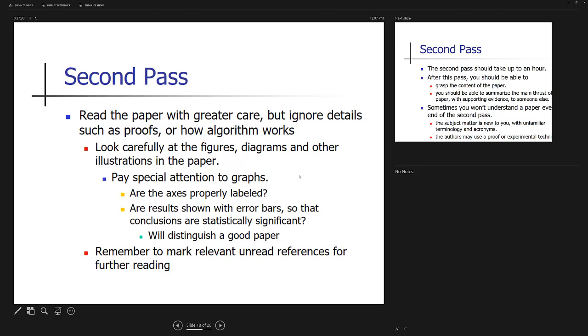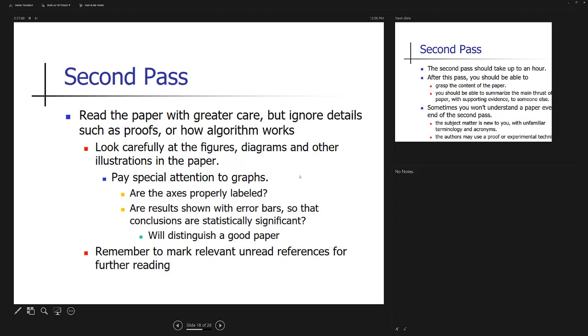I'm not saying you can't use Excel, but it's not that good. Most of the researchers use GNU plot, maybe MATLAB and lots of other stuff. Okay, and even if it's in Excel, it's perfectly fine.